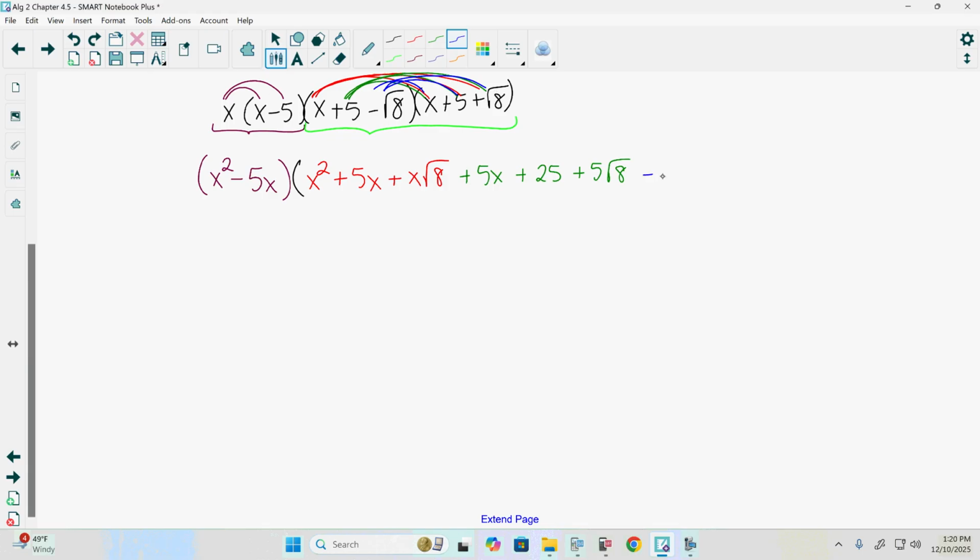Negative square root of 8 times x is negative x square roots of 8. Negative square root of 8 times 5 is negative 5 square roots of 8. And negative square root of 8 times the square root of 8, well, that's just 8.